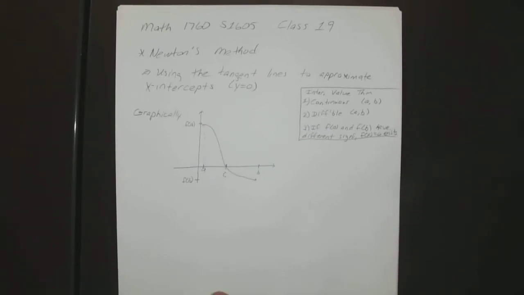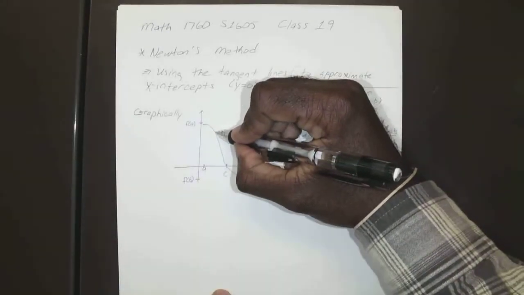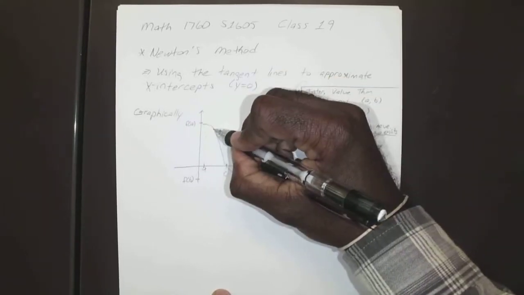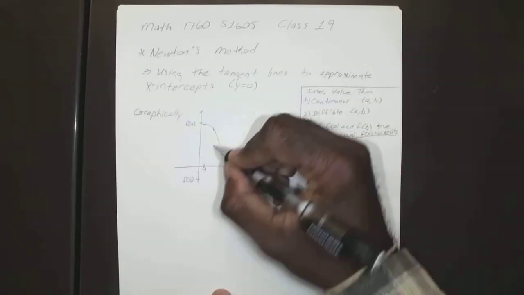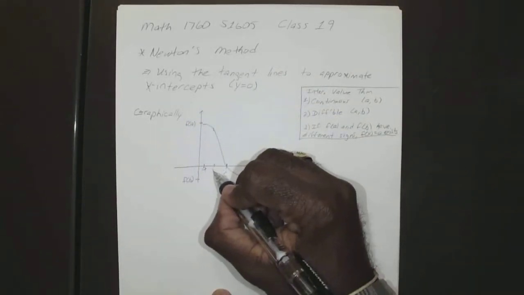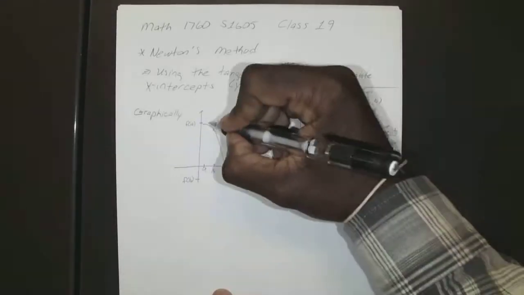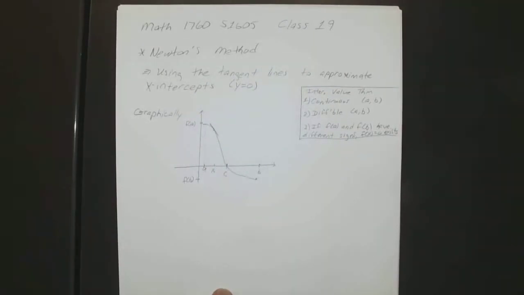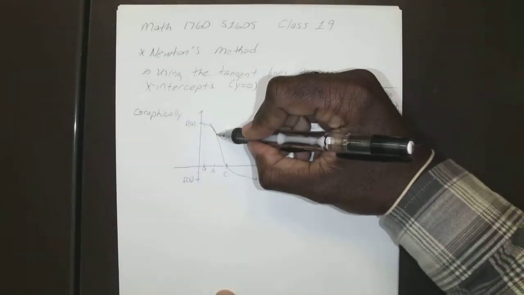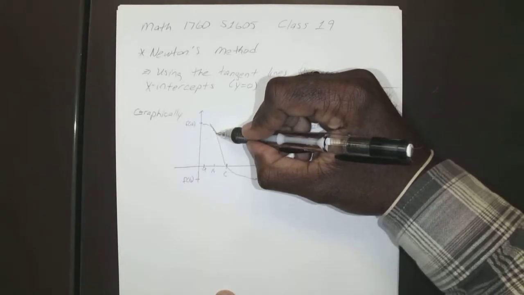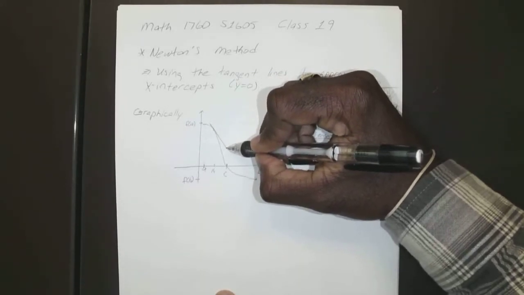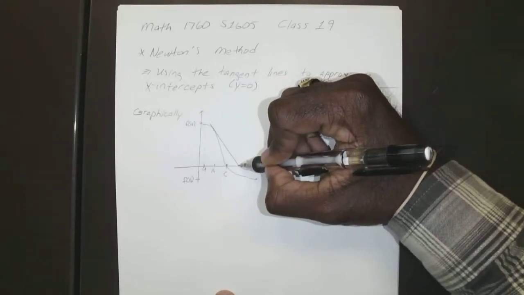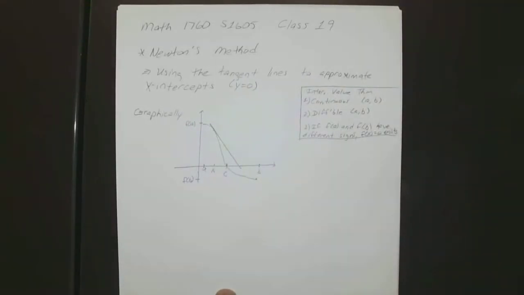Okay, so let's say that we pick some value x1. Okay, so we'll call this our x1. And we figure out our slope at x1. Okay, if we keep extending that tangent line, it will cross that x-axis.